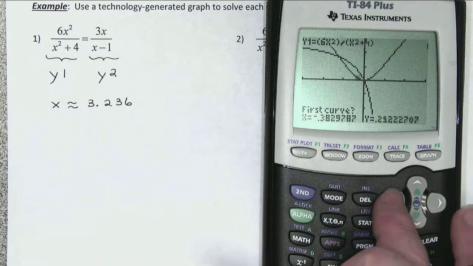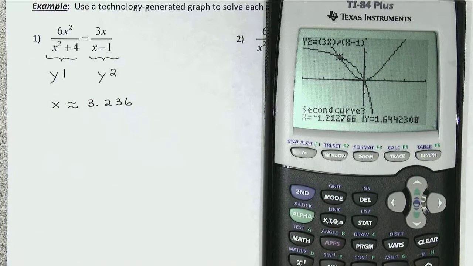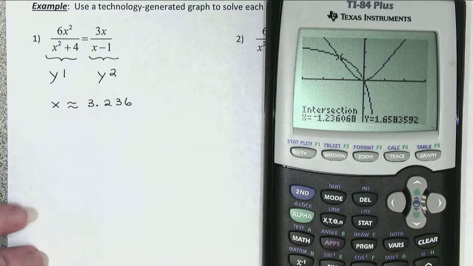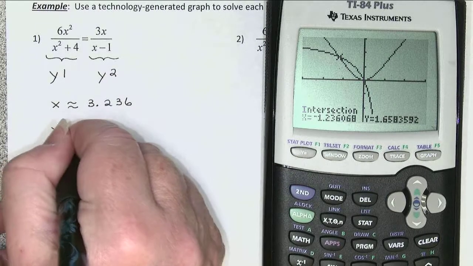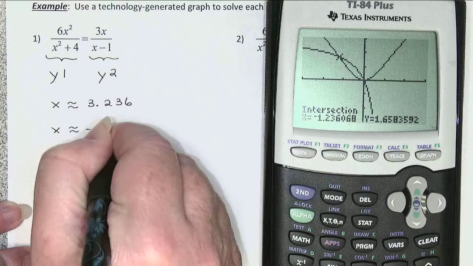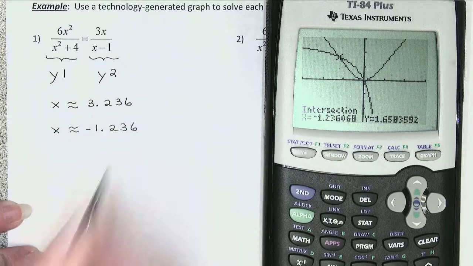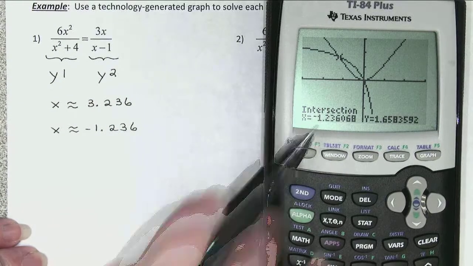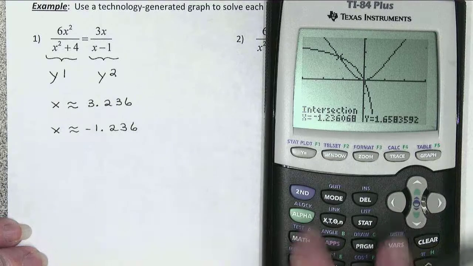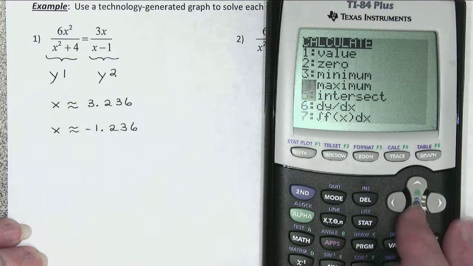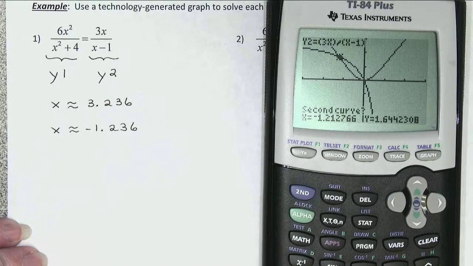Once again, I just kind of go and get close to it. And then enter, enter, enter. X is about negative 1.236. This one really looks like 0, 0, but just to be sure, let's do it one more time.